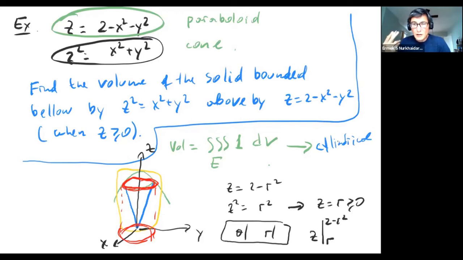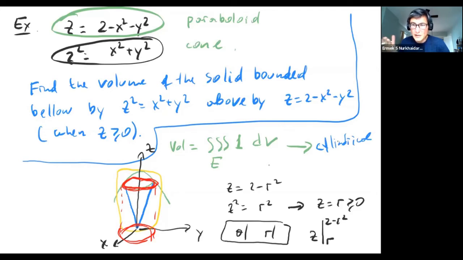To find that shadow, we set the two functions equal to each other. The paraboloid is z equals 2 minus r squared, and the cone is z equals r.